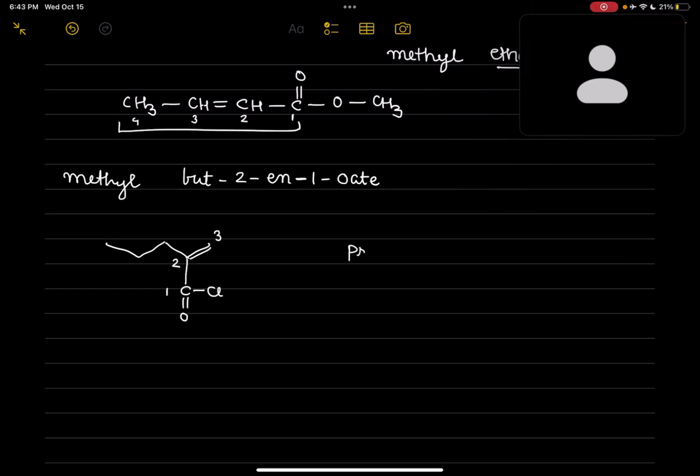Prop, 2, en, 1-oyl. And on the second carbon, what do you have? What is the name of the substituent?